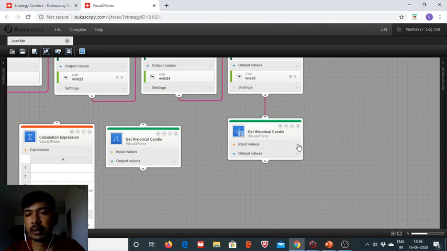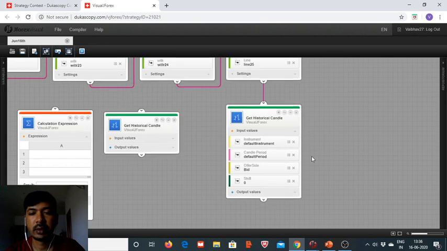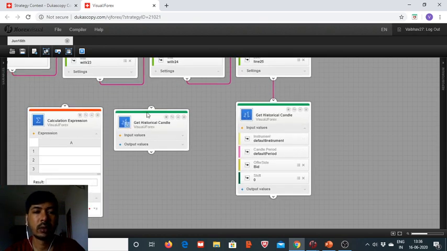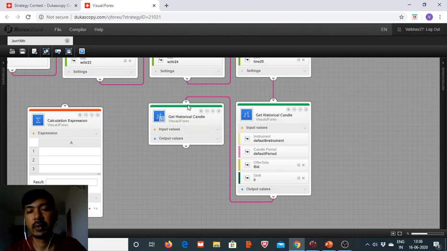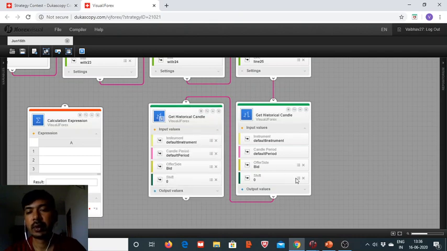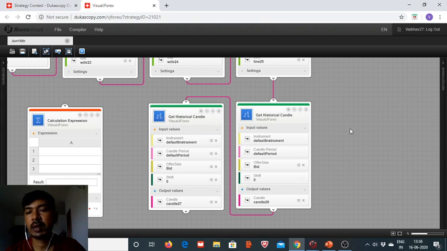and this will be defined on the hourly, sorry, 1 minute time frame, and the output is candle 28, candle 27.